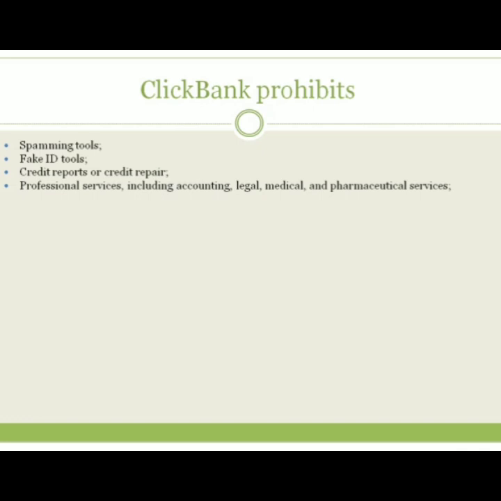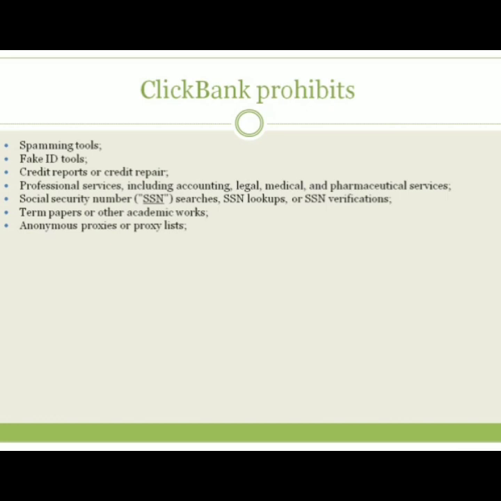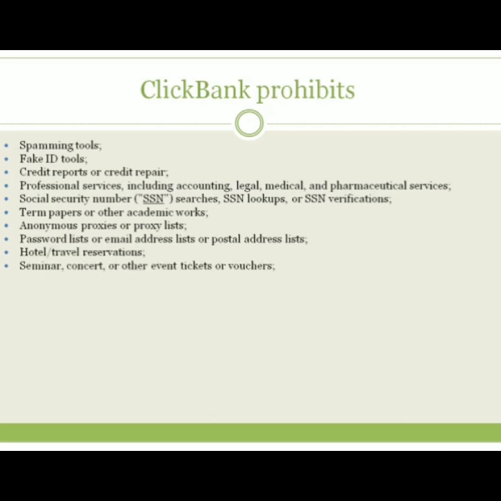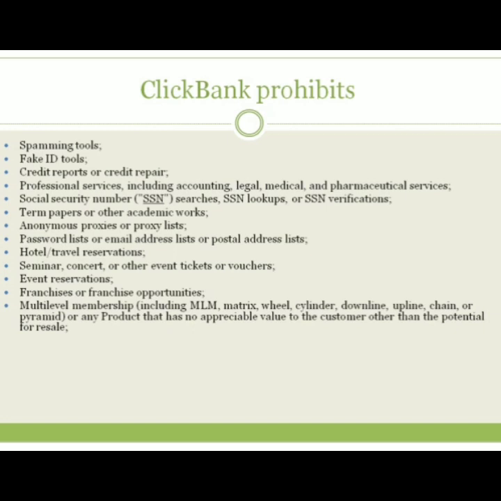Social security number searches, term papers or other academic works, anonymous proxies, proxy lists, password lists, hotel and travel reservations, seminar tickets, vouchers, event reservations, franchise opportunities, MLM type stuff, basically pyramid stuff.